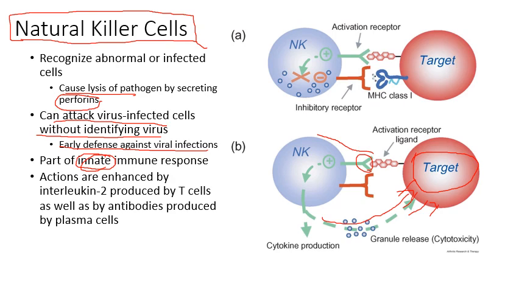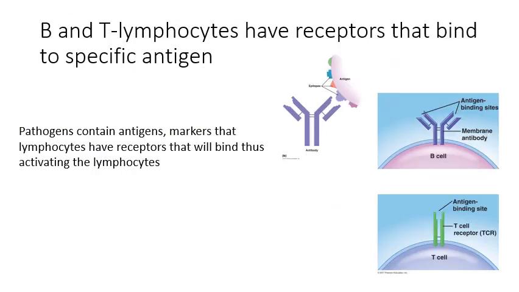So when the non-specific or innate is not enough to clear a certain pathogen, that is when the specific or adaptive immunity comes into play. Again, it is the B and T lymphocytes that are involved in this specific immune response.